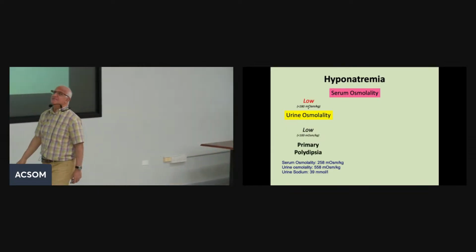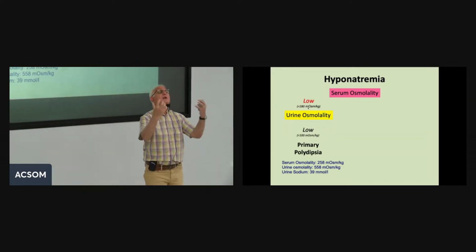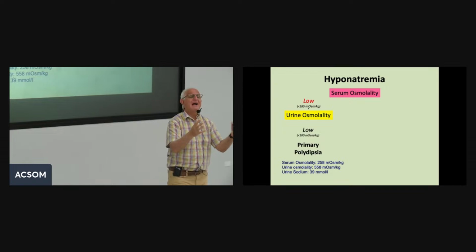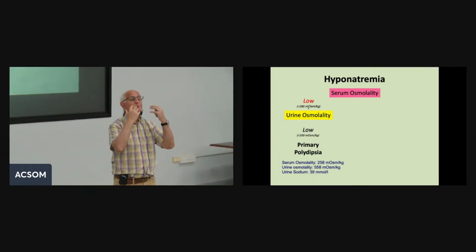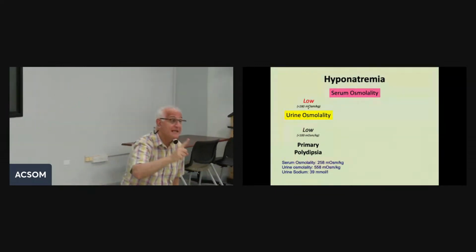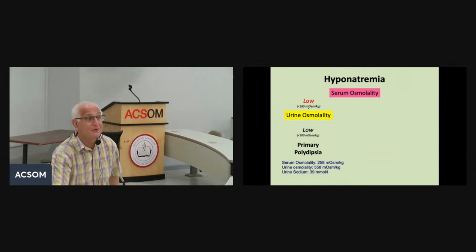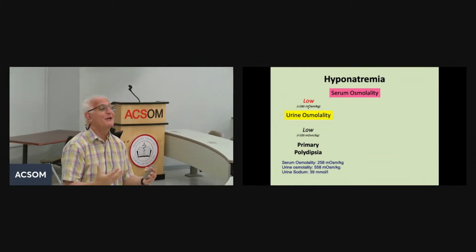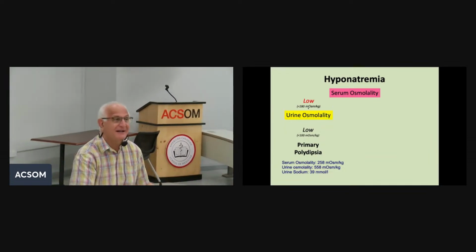It's primary polydipsia. Basically, you have a lot of water but not a lot of osmoles, a discrepancy between the amount of water you drink and the amount of osmoles, like alcoholics. They drink liters and liters of alcohol. It gives them the calories that they need, so they don't feel hungry. They almost don't eat, a little bit here and there.